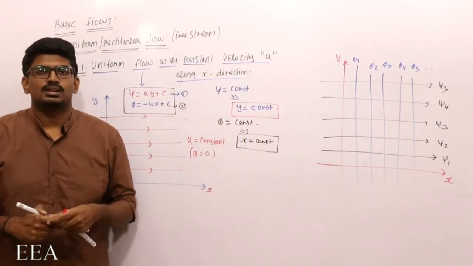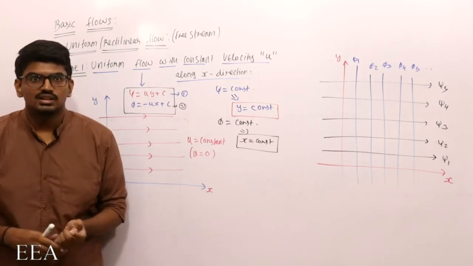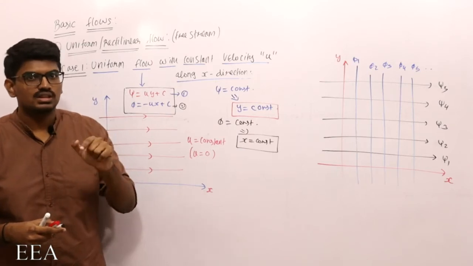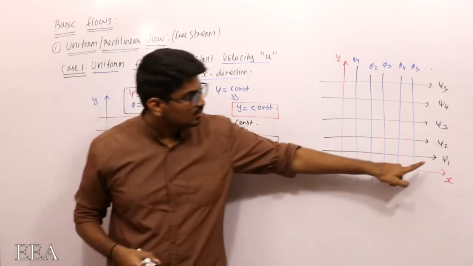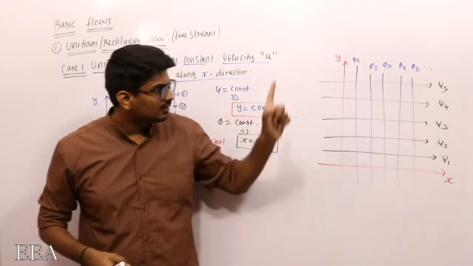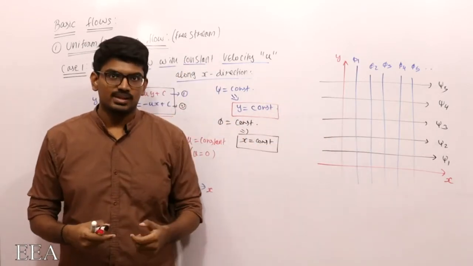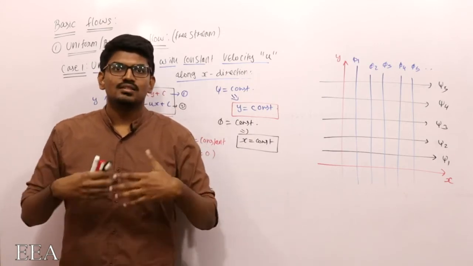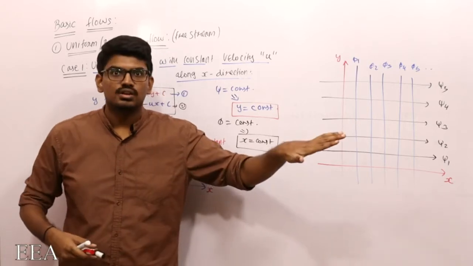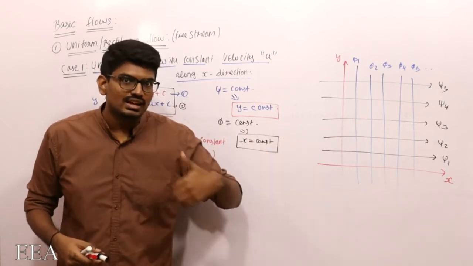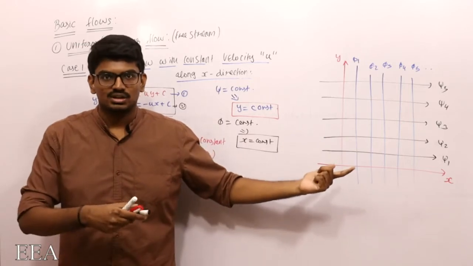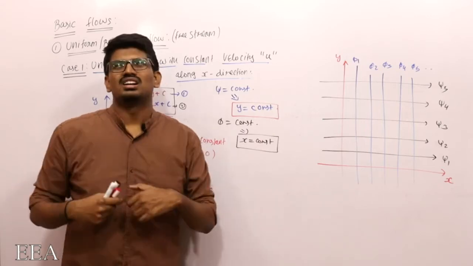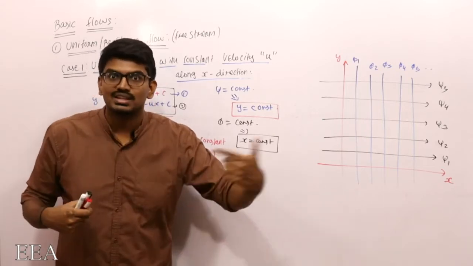One small thing to note here: when I drew the constant stream function line, I used an arrow mark, but for the equipotential line I didn't use the arrow mark. Why? Because generally the streamlines indicate the direction of fluid flow. We know a streamline is an imaginary line such that if I draw a tangent to it, it represents its velocity vector.